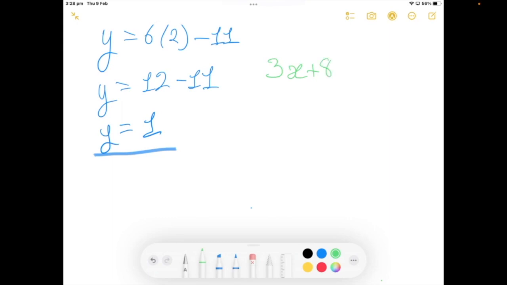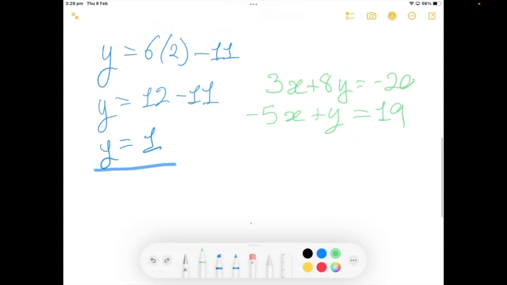3x plus 8y equals negative 20, negative 5x plus y equals 19. All you need to do is rearrange the equation so that you see what y equals. So this would be y equals 19 plus 5x, because you're just going to move that there, and then it becomes positive.